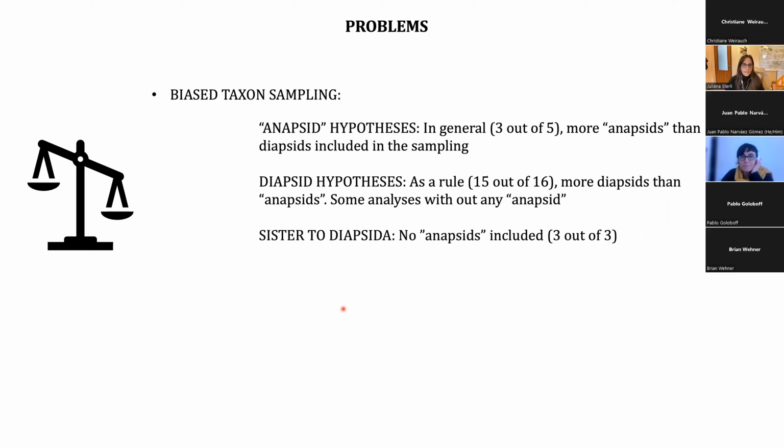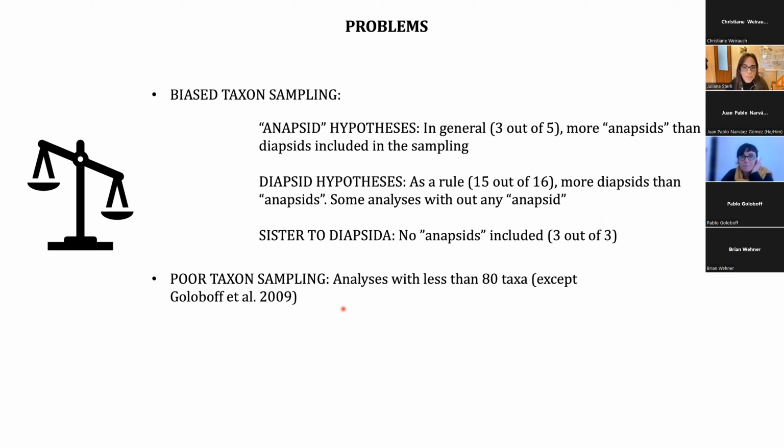And in the diapsid hypothesis, as a rule, 15 out of 16, there are more diapsids than anapsids. And some of the analyses did not include anapsids at all. And those papers where the result is turtle sister to diapsida, no anapsids are included, this is 3 out of 3. So really we have a biased taxon sampling in those main analyses.